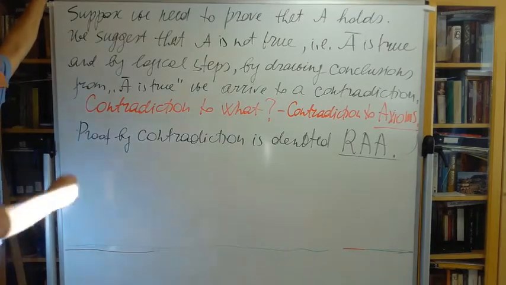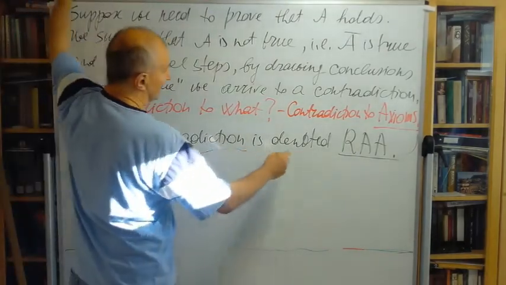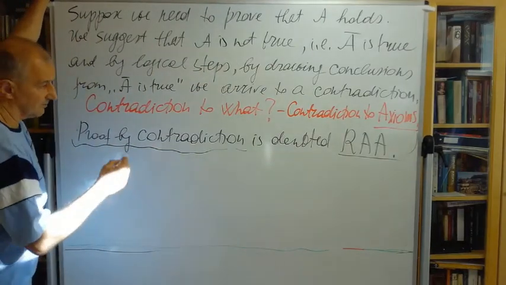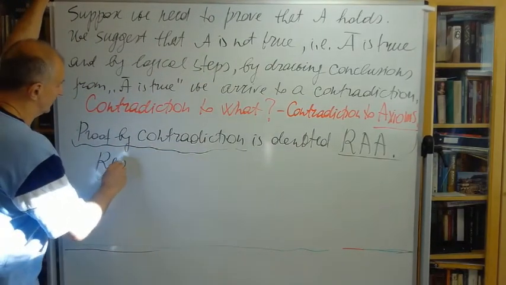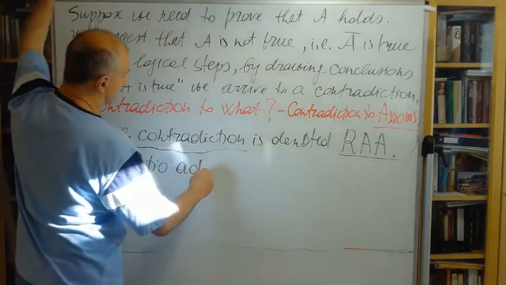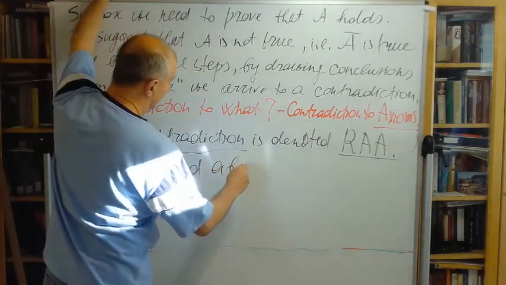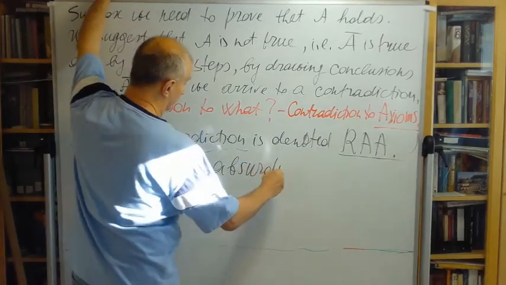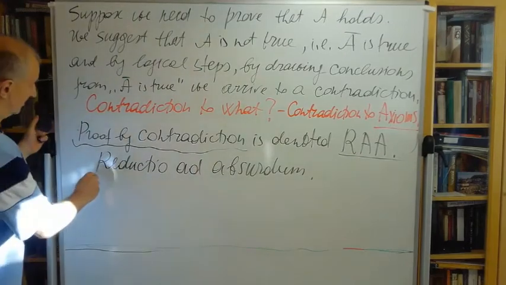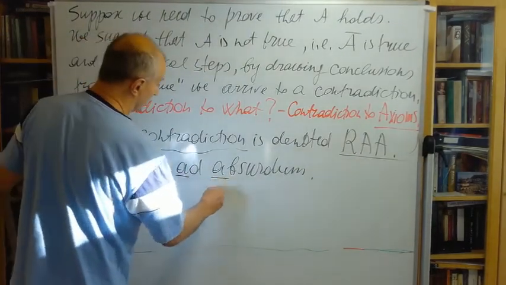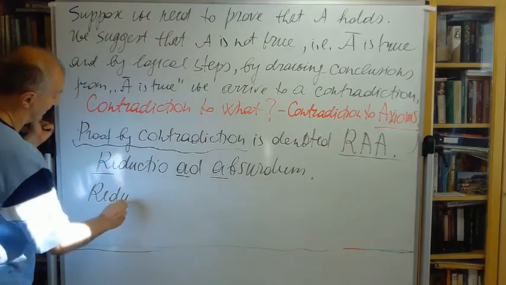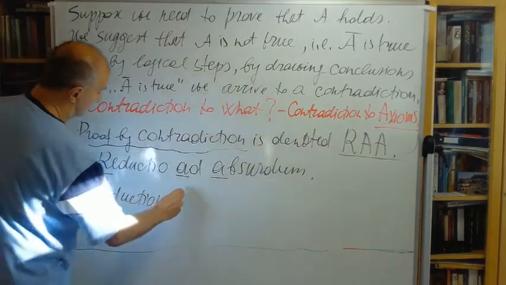I don't ask you to prove by RAA. You can always safely write proof by contradiction. But RAA is very easily deciphered and it has meaning. It's called reductio ad absurdum. It's actually in Latin, yes? Reductio ad absurdum, so it is actually reduction to absurdity.